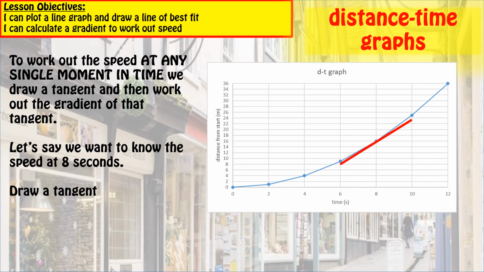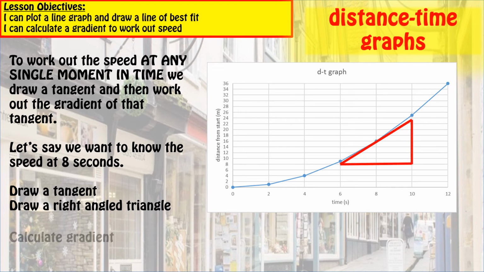But once you've drawn your straight line like that, all you've got to do now is exactly the same as before. Draw your right angle triangle and work out the gradients using the rise divided by run equation. My rise is 23 meters at the top of my triangle and 8 meters at the bottom part.